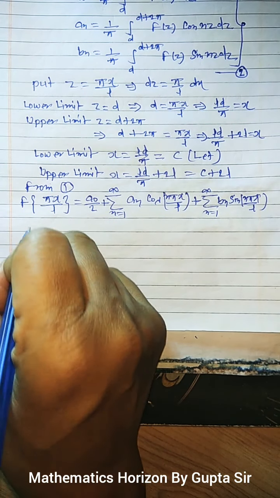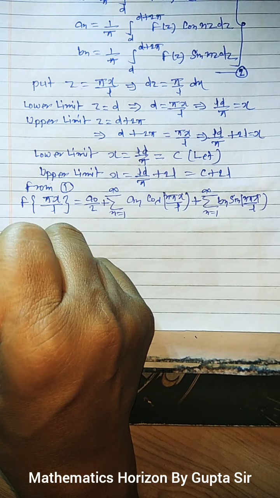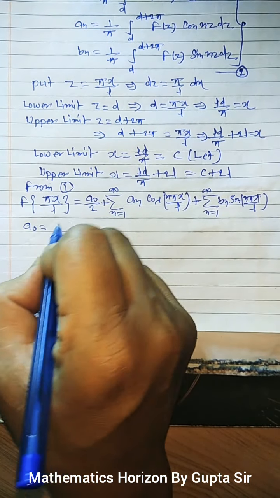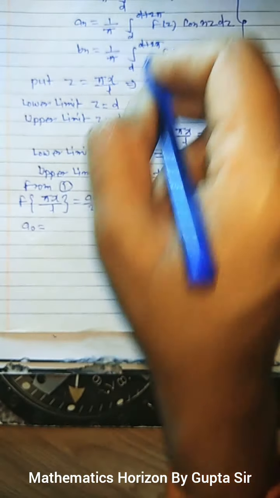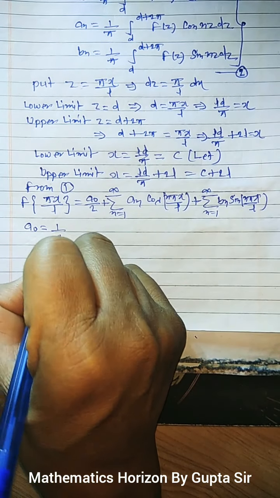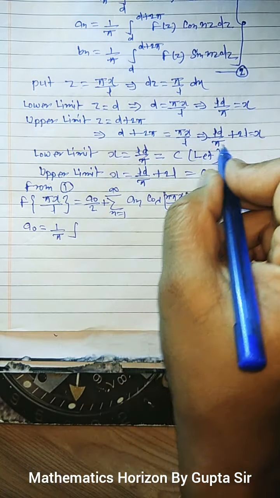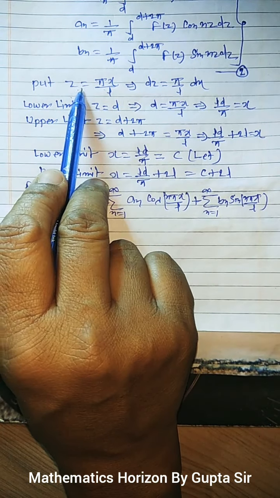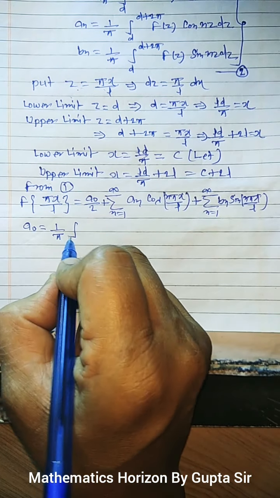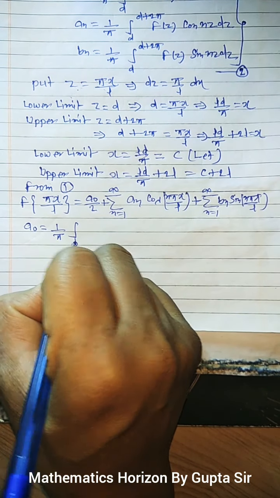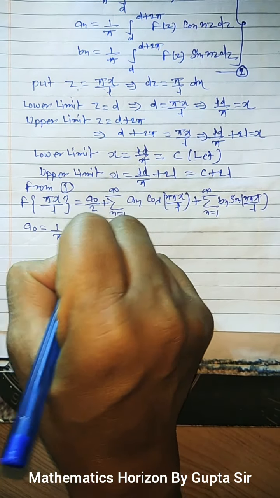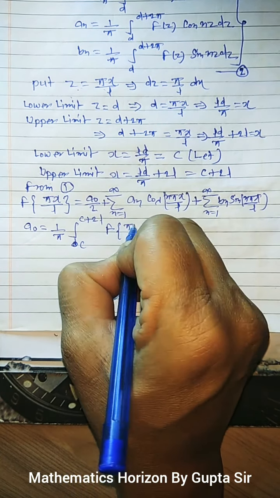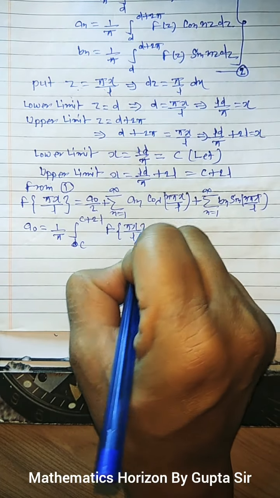And a0 is equal to 1 upon pi. The limit of the integration is c to c plus 2L. When we take this substitution, z equal to pi x upon L, it is c to c plus 2L, and this is f(pi x upon L).